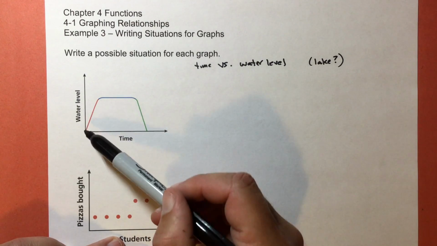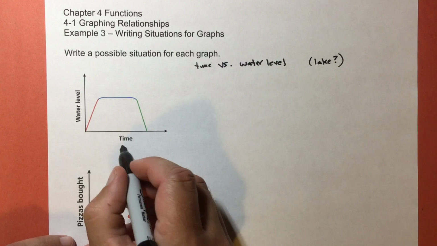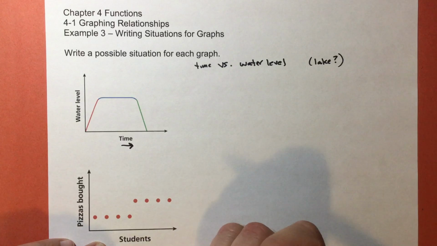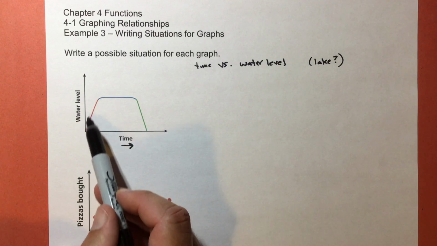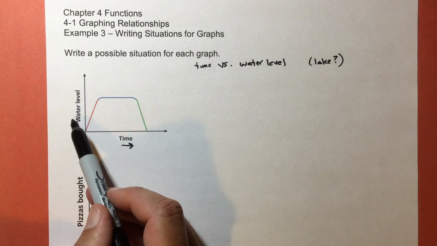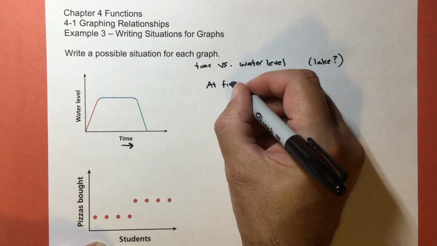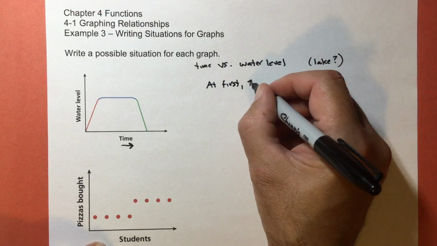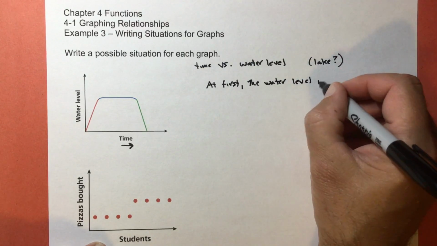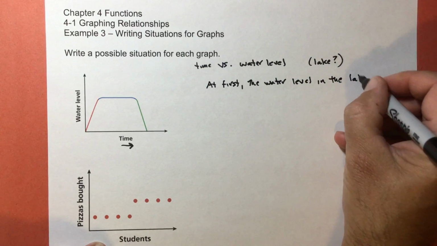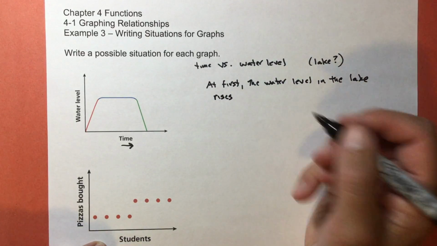This red part is increasing, and remember, time is always going this direction. Time is always increasing. So as time increases, as I go to the right, I'm also going up. So it looks like the water level is rising. So we say at first, the water level in the lake rises, I don't know, significantly.